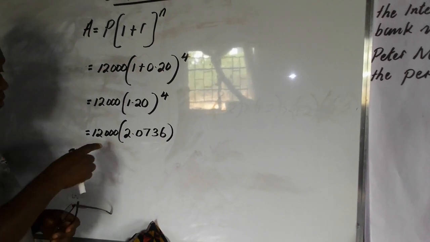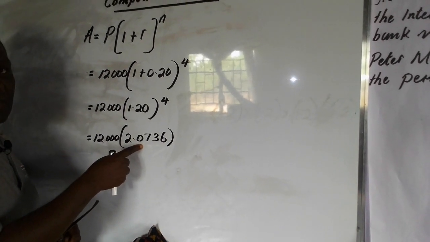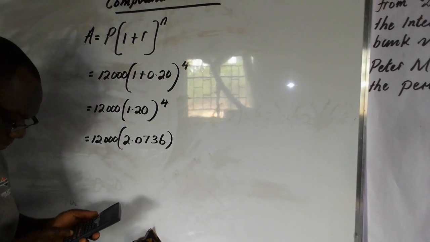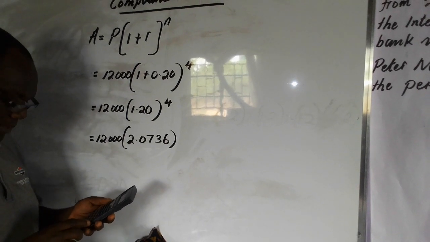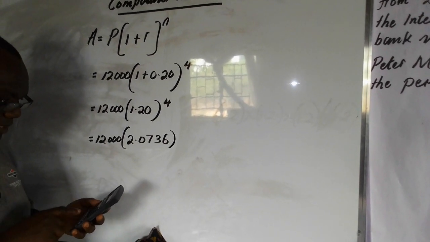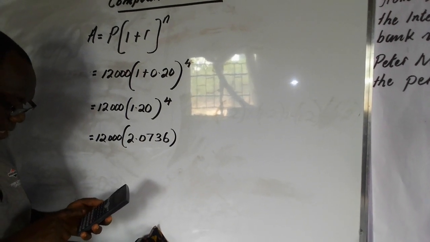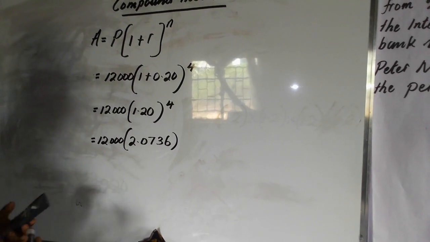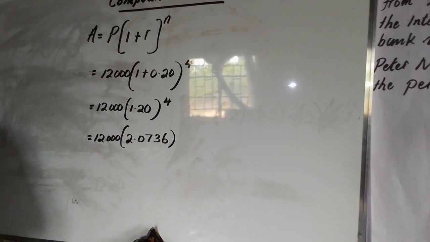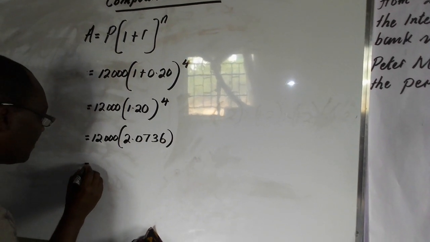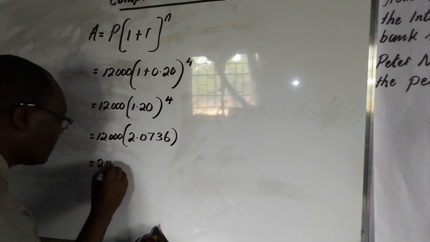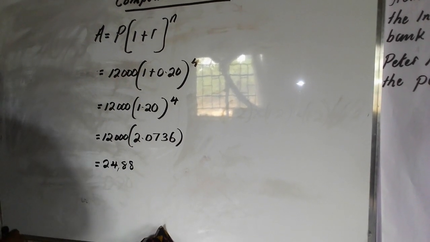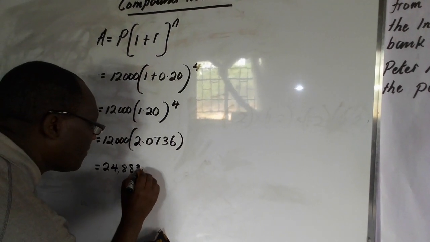I'll now multiply the 12,000 times this figure. For us to get accurate values, I'm using my calculator here: 2.0736 multiplied by 12,000. My answer is 24,883.2.